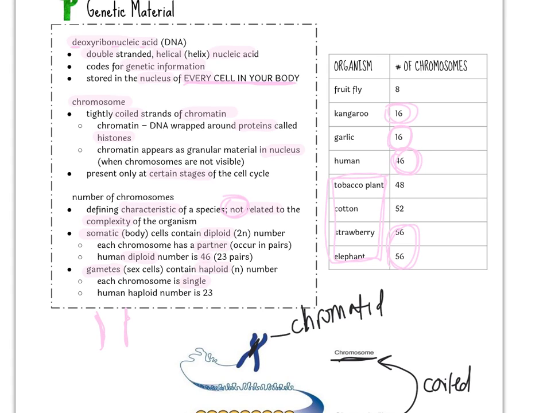And then the other one will be over here, and then there will be another one over here. They don't pair up like this. Okay? So if the human diploid number is 46, the haploid number is 23.